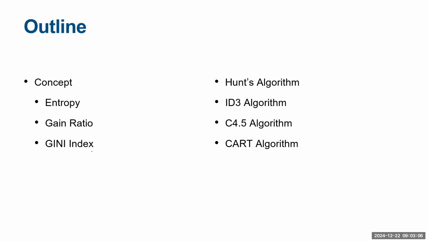All right, so the outline for today: we will learn about variance measure and also different types of algorithms. For decision trees, the main algorithm is Hunt's algorithm. The rest of the algorithms are extensions of Hunt's algorithm.